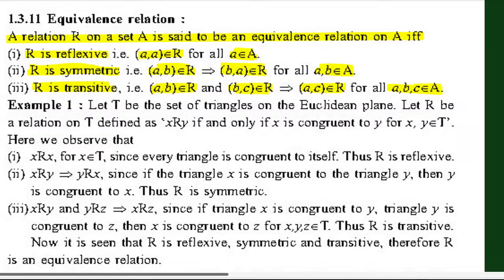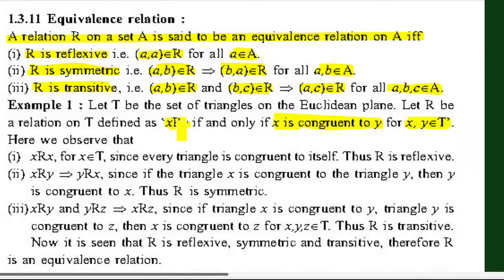T is a set of triangles, where R is a relation on T defined as X related to Y if and only if X is congruent to Y, for X, Y belonging to T. So what we can observe here is that X has to be congruent to Y. The relation is such that it should be congruent to another triangle.